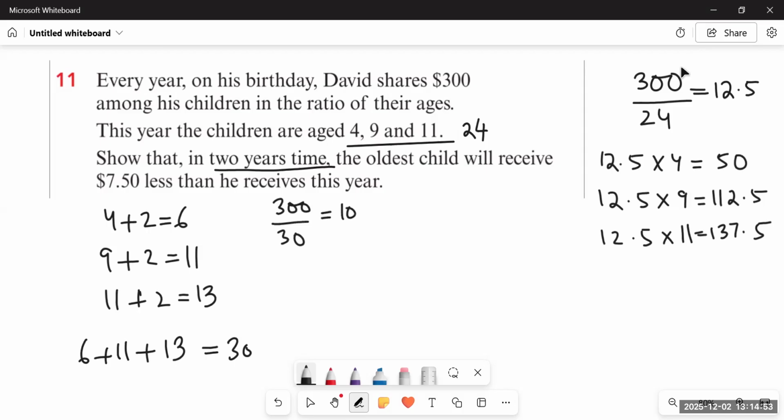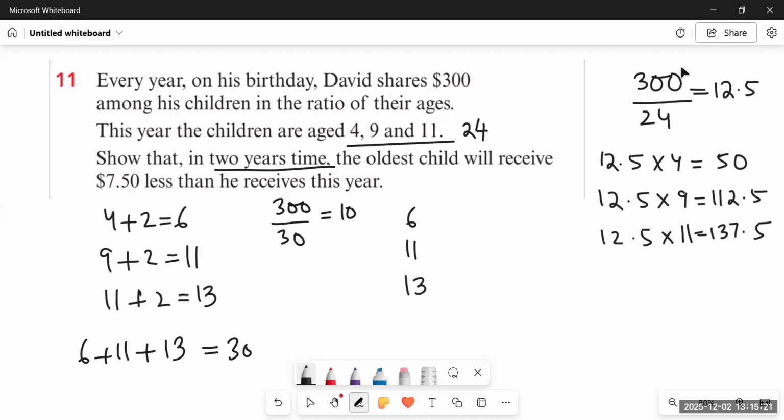So we will now multiply their ages, that is 6, 11, and 13. Because after 2 years, the ages of the respective children would be 6 years, 11 years, and 13 years. Since they are now 4, 9, and 11, the child who is now 4 will turn 6 after 2 years, the one who is 9 will turn 11, and the one who is now 11 will turn 13.